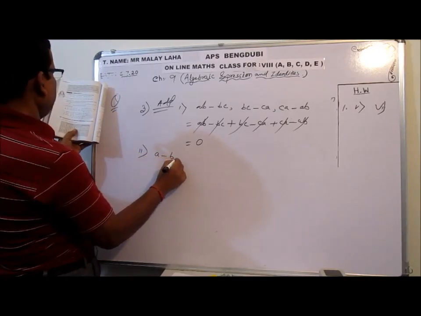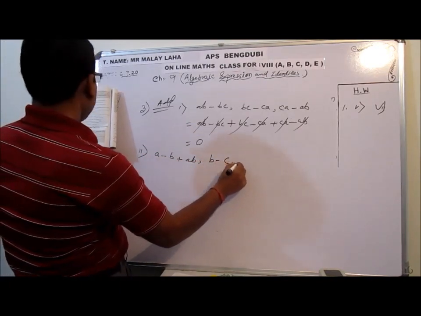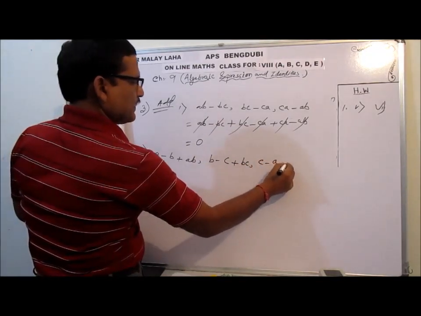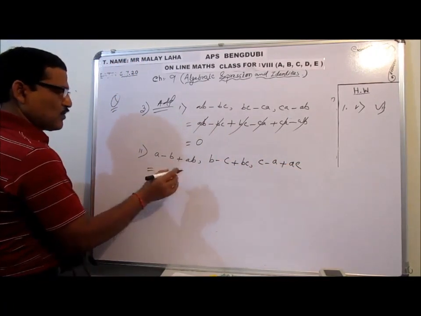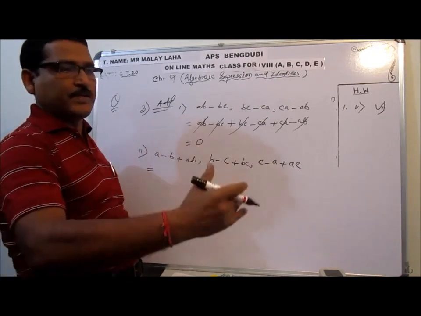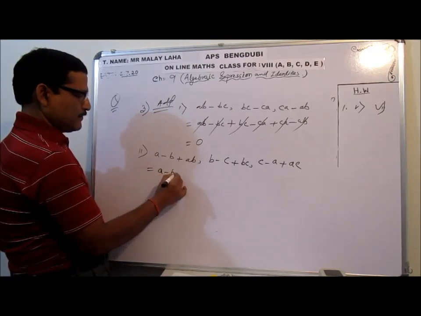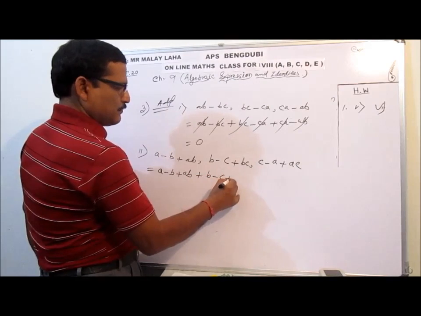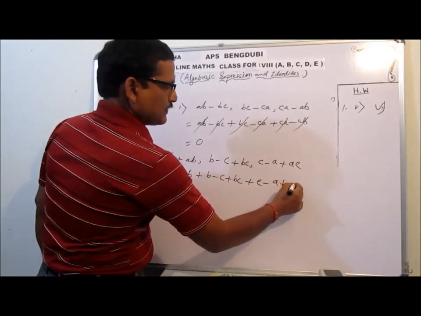A minus B plus AB, comma, B minus C plus BC, comma, C minus A plus AC. Very easy. Just you replace the comma sign. After that you have to rearrange. All the like terms should be written serially, one after another. So A minus B plus AB plus B minus C plus BC plus C minus A plus AC.